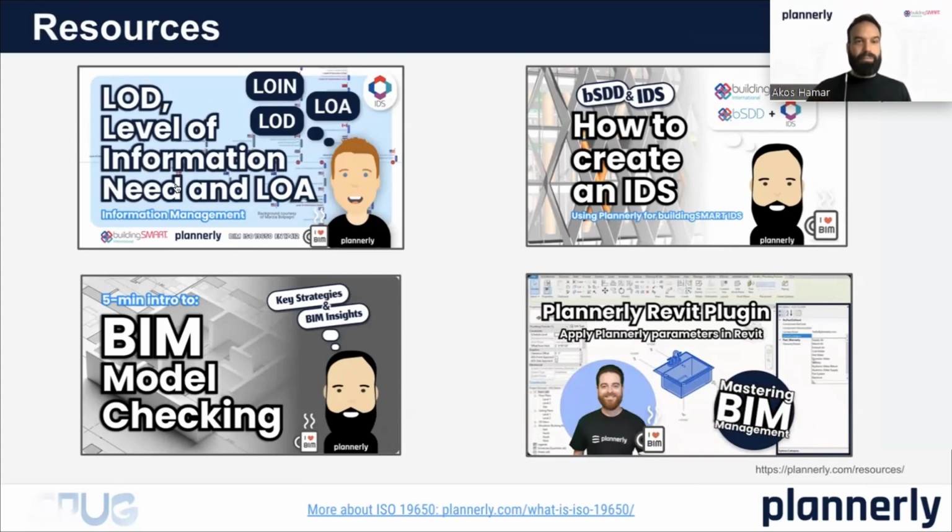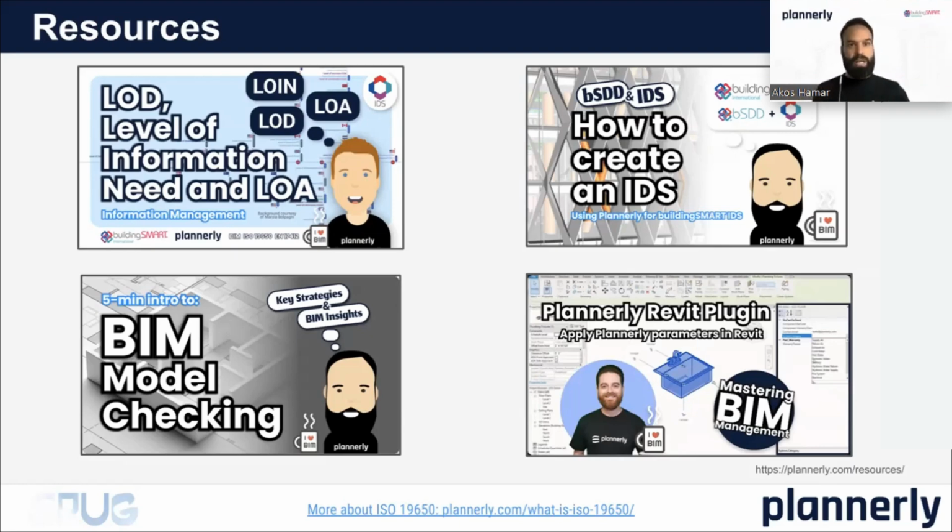there is a good article about it. My personal opinion, since I brought up this topic, is that LOD made a great journey on a global scale in the past 20 years and established the next stage to be able to talk about information exchange. But we can agree that maybe one number like LOD 300 doesn't really express enough what we need for a project. So, and that's also part of the confusion in some cases.